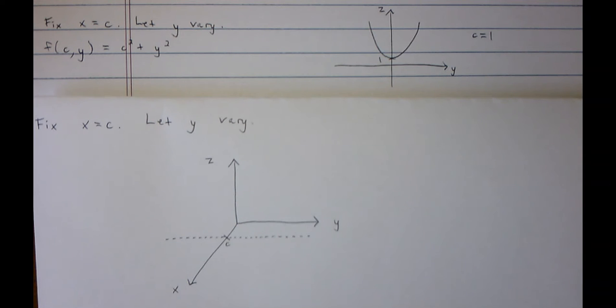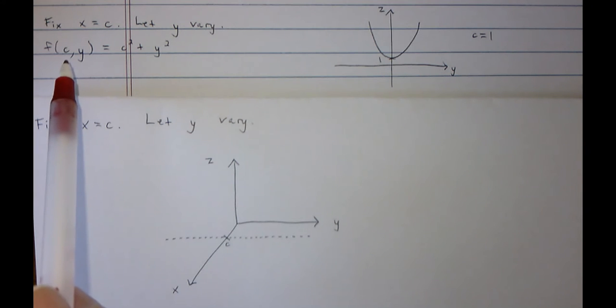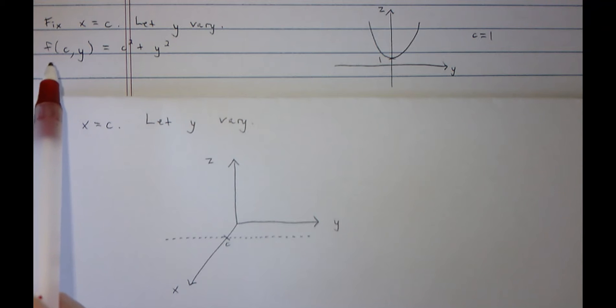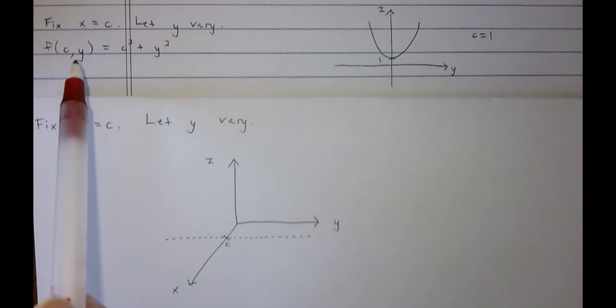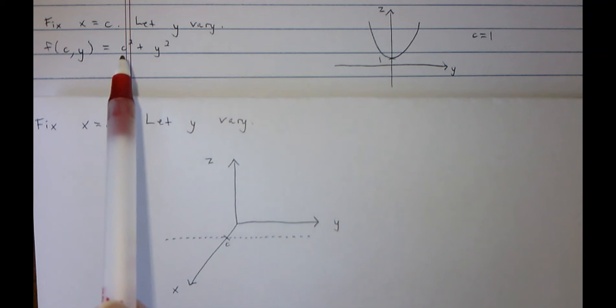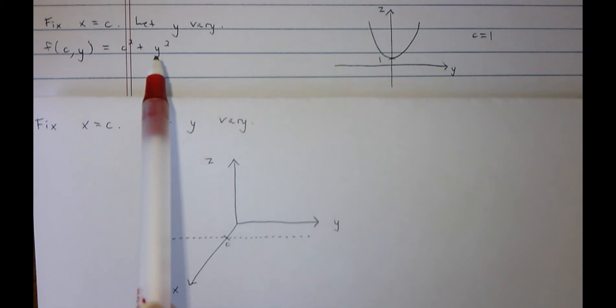Now we'll fix x equal to c and let y vary. I've indicated this in the second drawing. Here's x equals c, and we're letting y vary. So now we're running parallel to the y-axis, and we could replace x with this constant c, and then f of x, y is f of c, y, which is equal to c squared plus y squared.